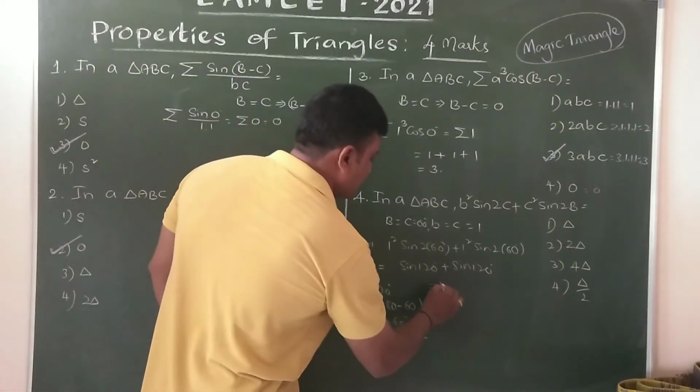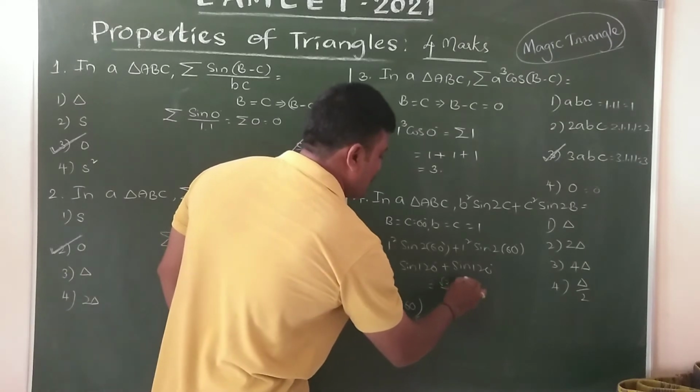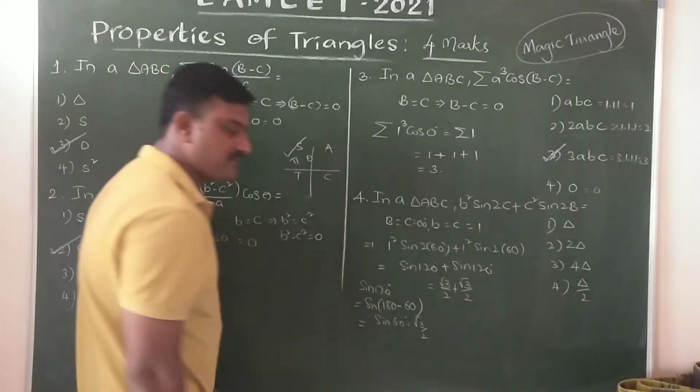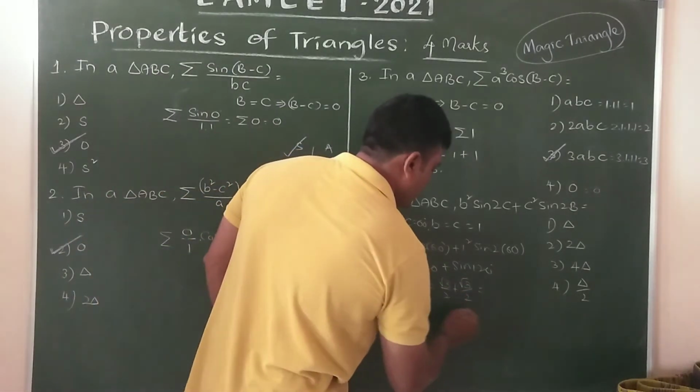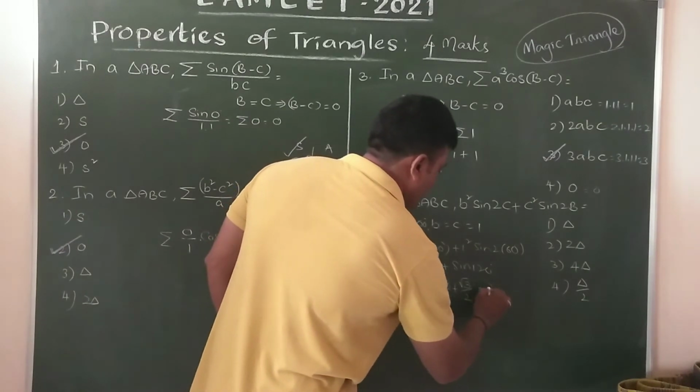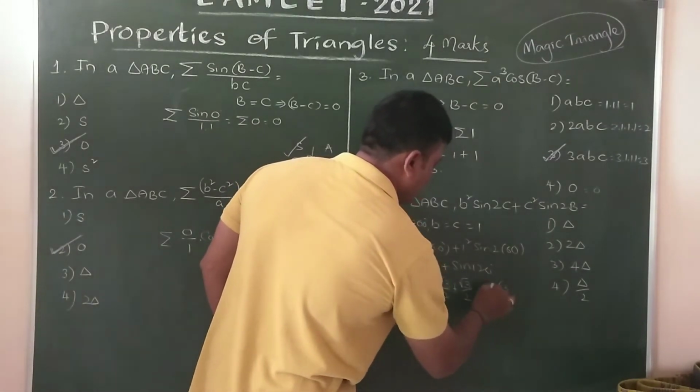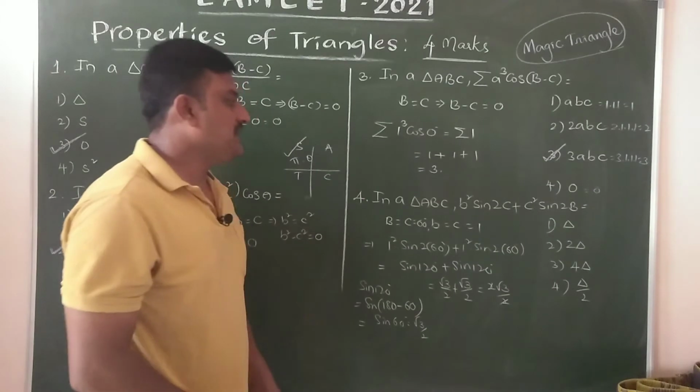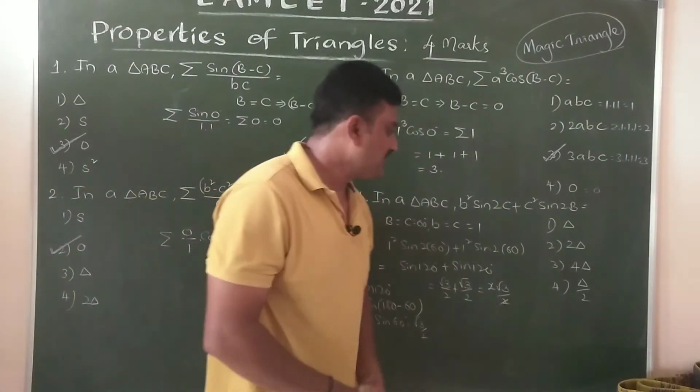Now here it is root 3 by 2 plus root 3 by 2. Then what about this? 2 root 3 by 2, so root 3.